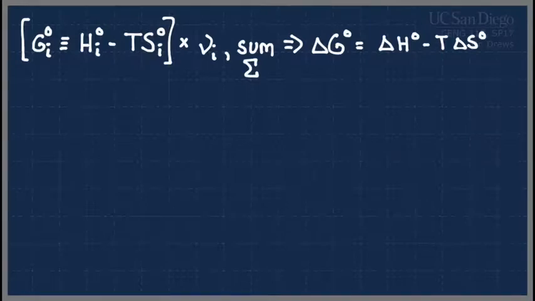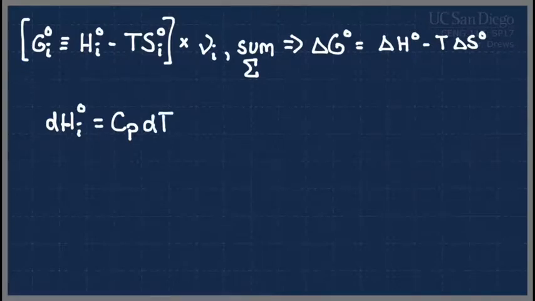The other two variations that we had from 100 was that any change in enthalpy, it doesn't have to be enthalpy with a circle, but everything we want is with a circle, was equal to the heat capacity times the change in temperature. There was another term here. If you remember back to the rigorous definition that we had in thermo, there is another term that's there, but that term was multiplied by a change in pressure.